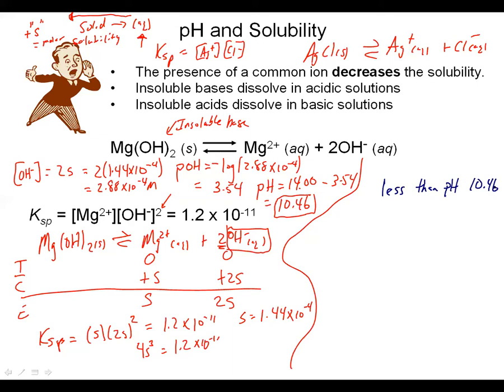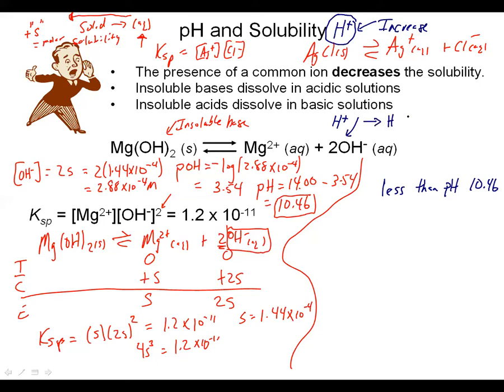In order to lower the pH to less than 10.46, we need to make it more acidic, which means we need to increase the amount of H plus. If we increase the amount of H plus in this case, H plus is not part of the equilibrium, but H plus and OH minus do react together to make water.